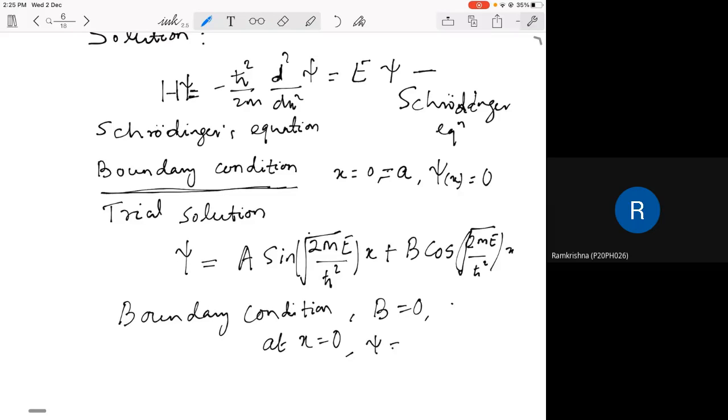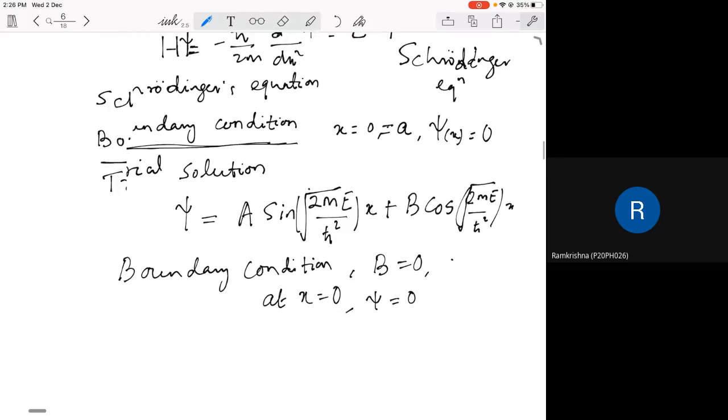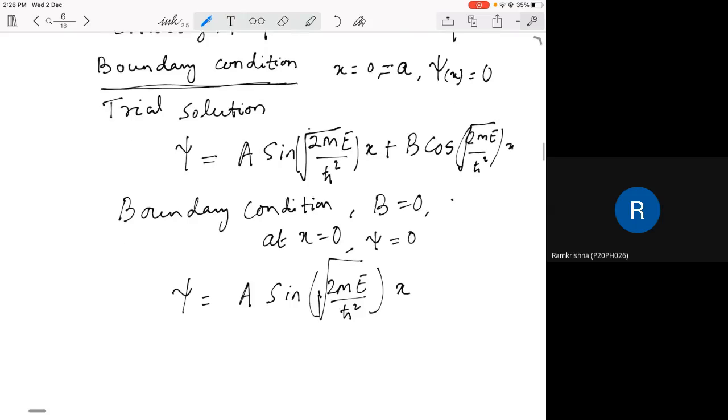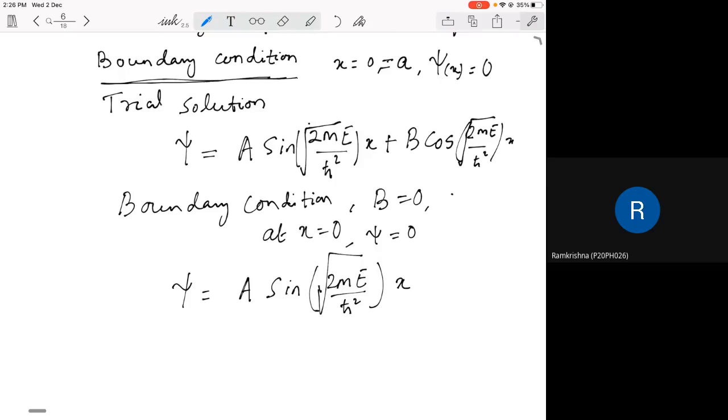Psi will be equal to 0, so that boundary condition tells you that b will be equal to 0. That means the wave function will be like a sine function, and this is your wave function for the particle.